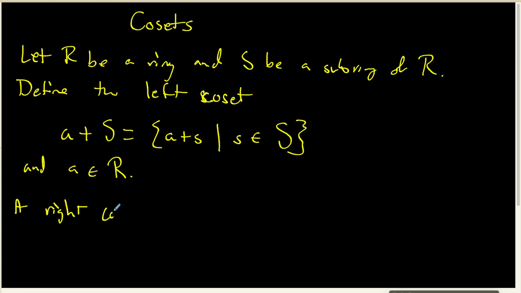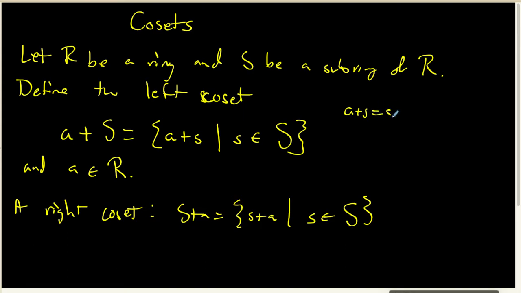A right coset would look like S plus A, and that would be the set of little s plus little a, such that little s is inside S. But in a ring, we know that A plus S and S plus A are exactly the same thing. And we know that because in rings, addition is commutative. So it turns out that these two things are the same set.